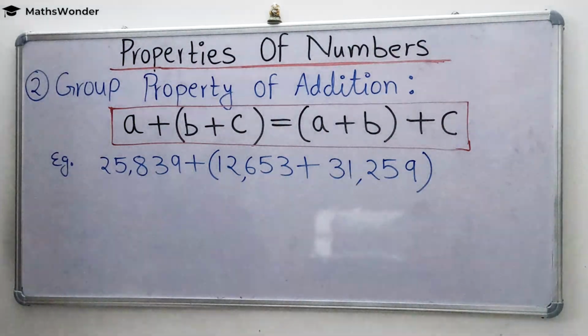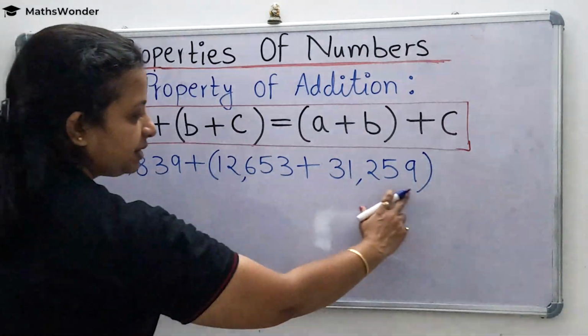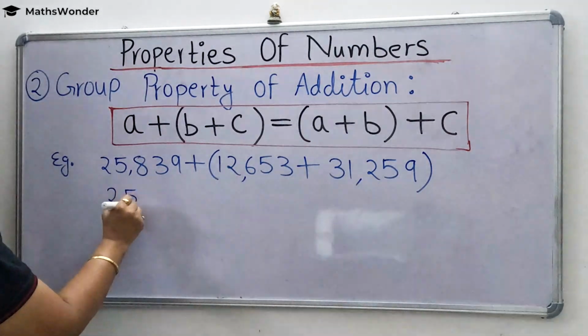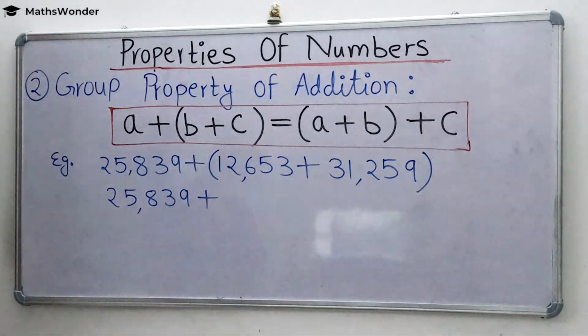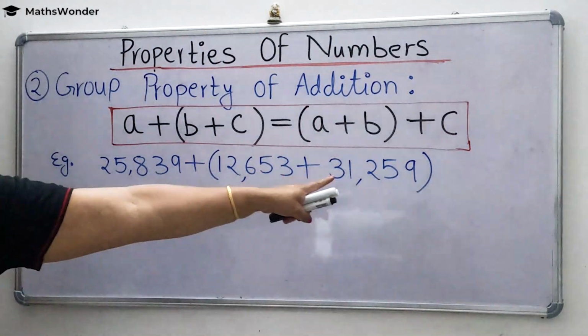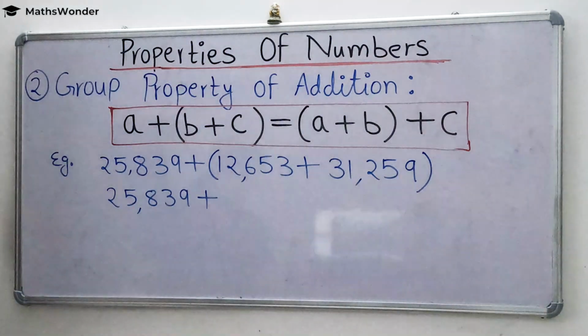Okay. So whenever we solve these types of questions, first we need to add which one? This part, right? When you add this part, what will you get? 839 plus. When you add these two numbers, what will be the answer?